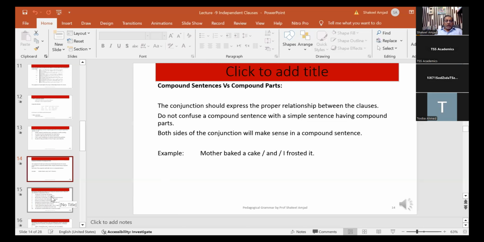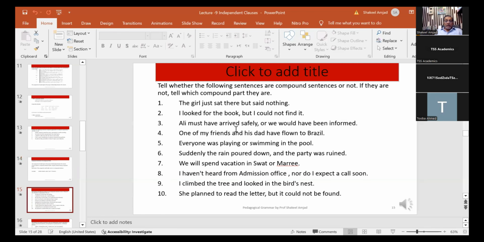So इसमें इधर ख्याल है कि ये compound: the girl just sat there but said nothing, right? अब इधर अगरचे ये क्लॉज है लेकिन इसको हम कंपाउंड वर्ब भी कह सकते हैं. आई लुक्ड फॉर द बुक बट आई कुड नॉट फाइंड इट. अब यहाँ ये बट दो वर्ब्स को ज्वाइन कर रहा है, पार्ट्स ऑफ द सेंटेंस. It will be called one simple sentence.